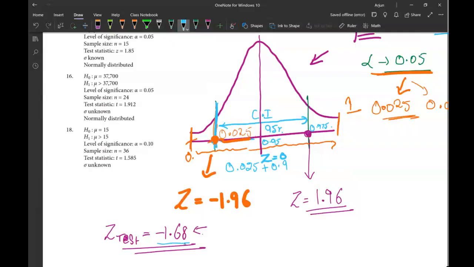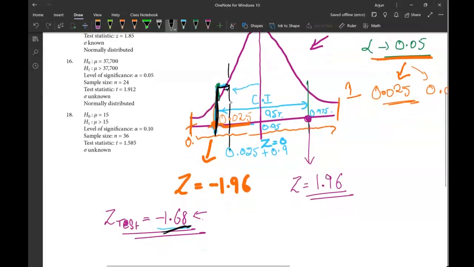So negative 1.68 will lie somewhere here, on the right-hand side of the critical value. This is the critical value, and negative 1.68 will lie somewhere here. So where does it lie? It lies in the confidence interval region.